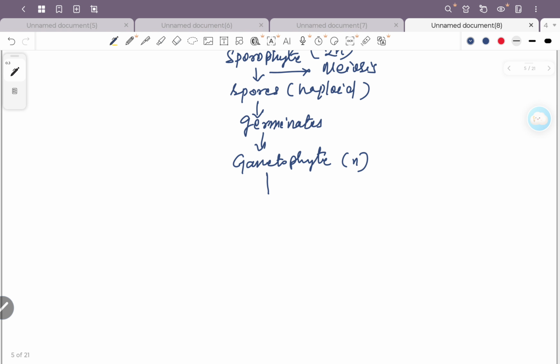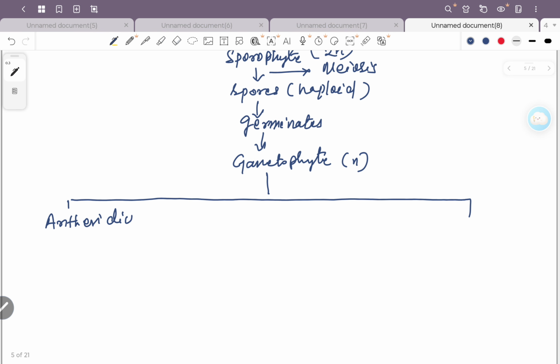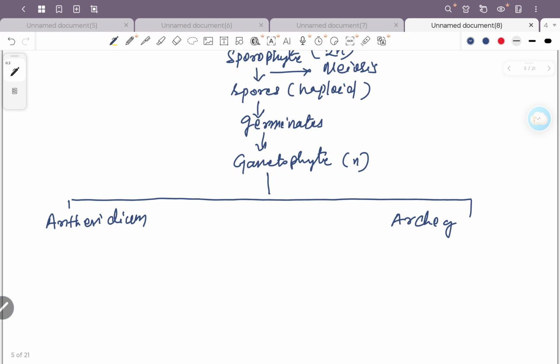So it has, as I said, the male and female sex organs. They have antheridium and archegonium. This is the male organ, this is the female organ.